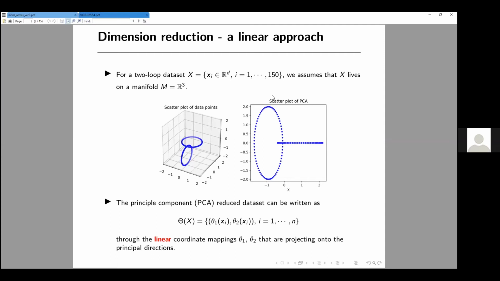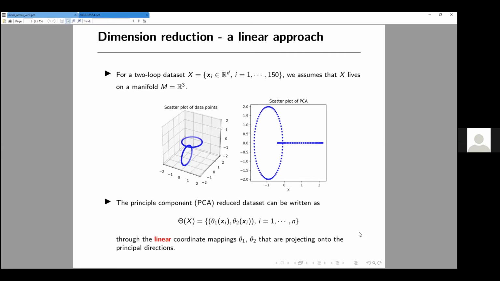You may observe that the two donuts are no longer there. We destroyed one loop and only one loop is retained. This is not desirable because we destroyed the original topology of the data set in R3 during the process of dimension reduction.